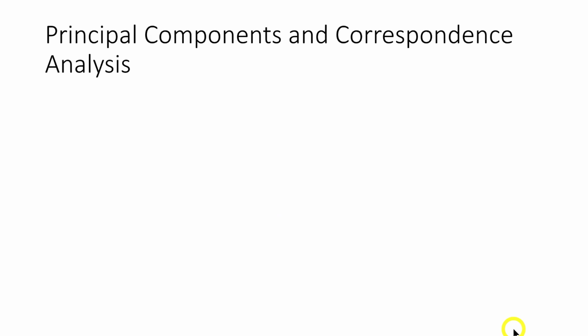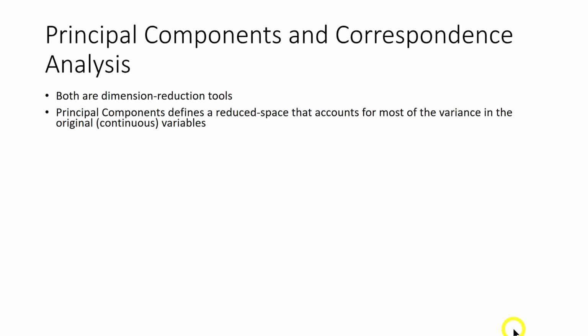I hope by now you have already gone through the tutorial on principal component analysis because correspondence analysis is very similar in principle and in purpose to principal component analysis. Both are dimension reduction tools. Principal components defines a reduced space to account for most of the variance in the original continuous variables.